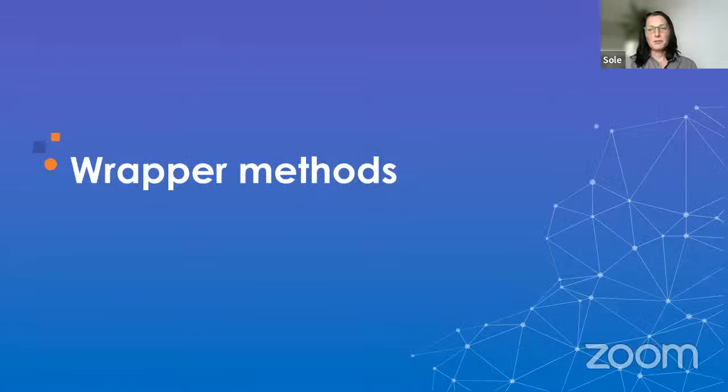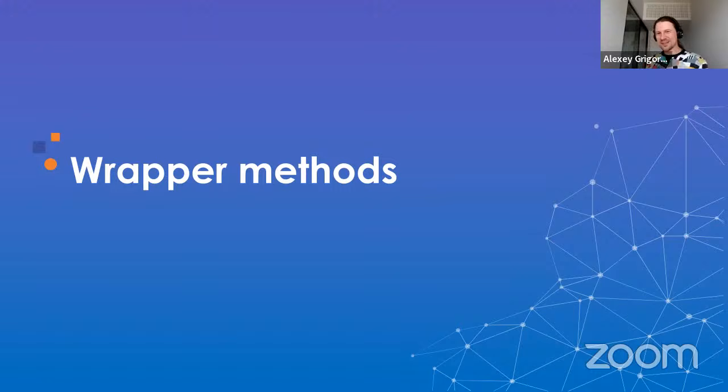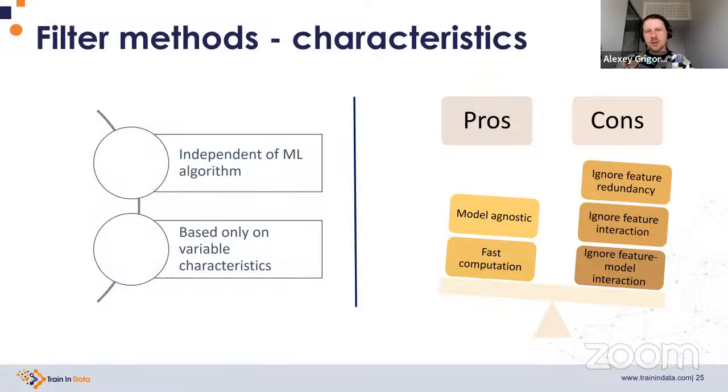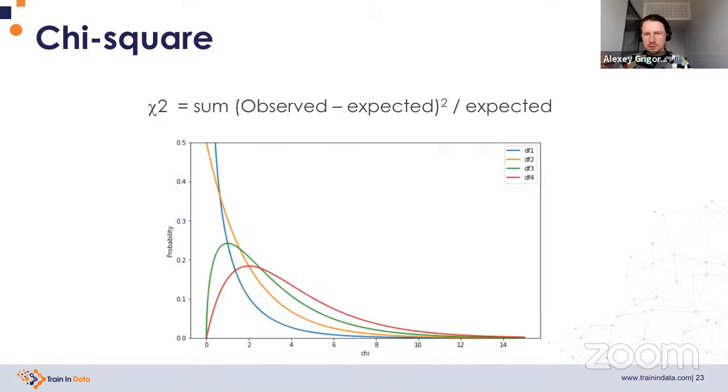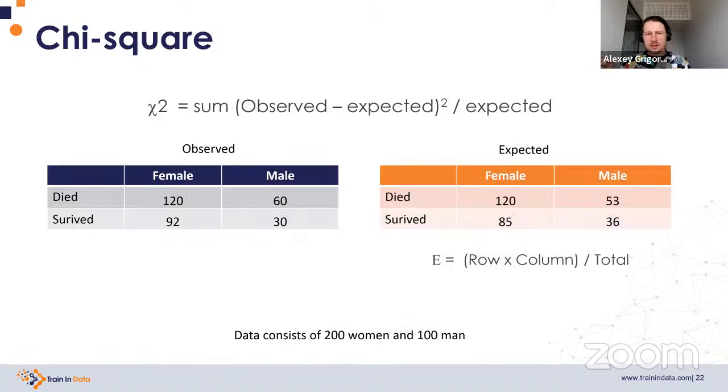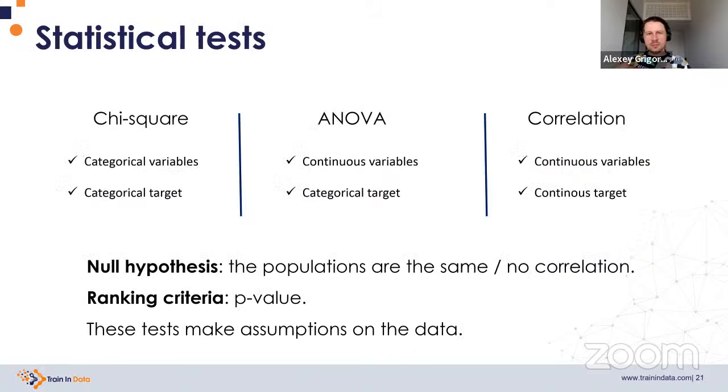So wrapper methods are... May I interrupt you? Sorry. Yes. There is another question related to a few slides back, when you showed when to use which methods. So it was like ANOVA, chi-squared, and so on. And the question is, which method is the best for categorical variables and a continuous target? So I think you said correlation, right? So it's the usual correlation, like from pandas or whatever.